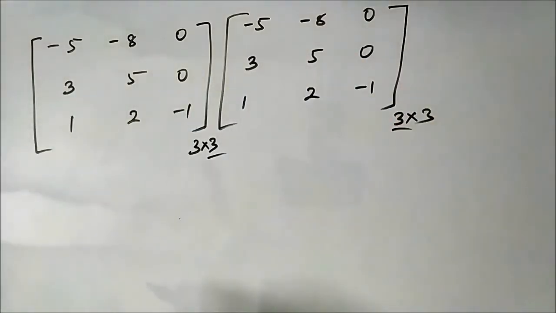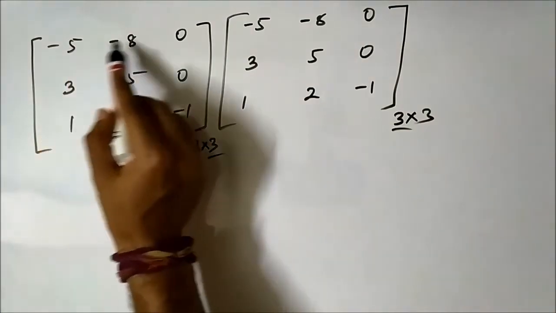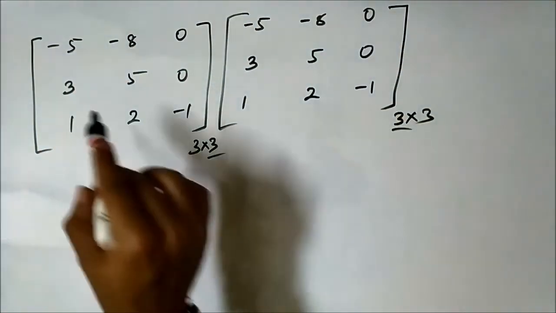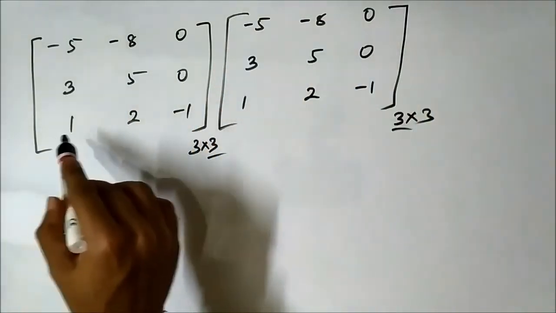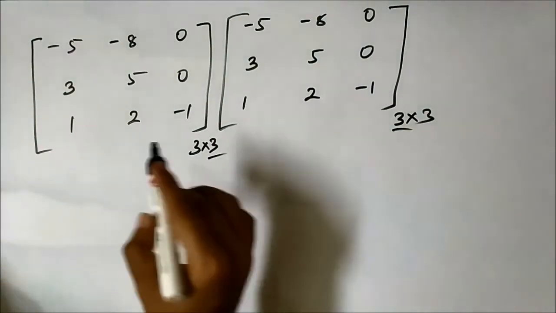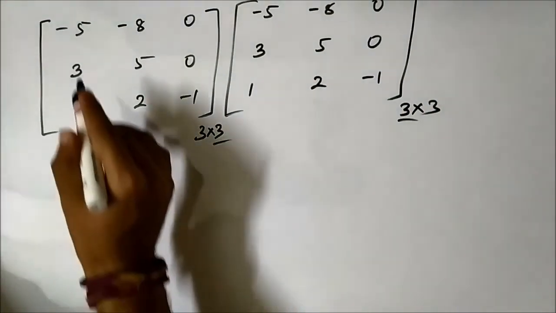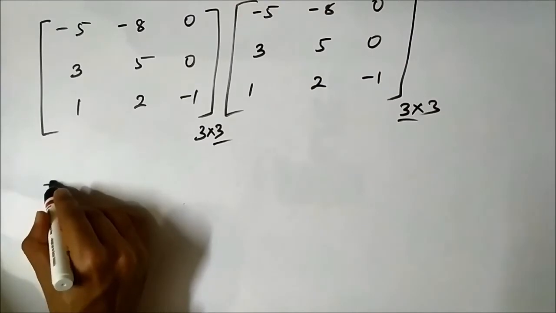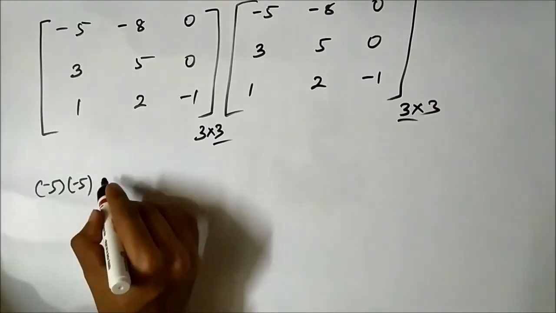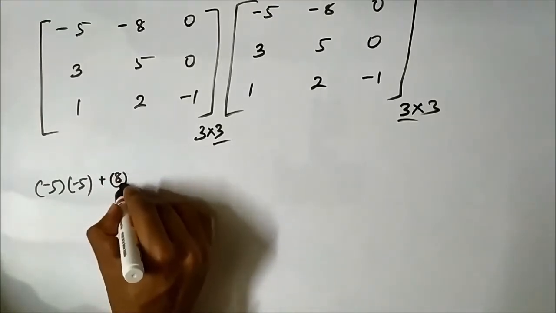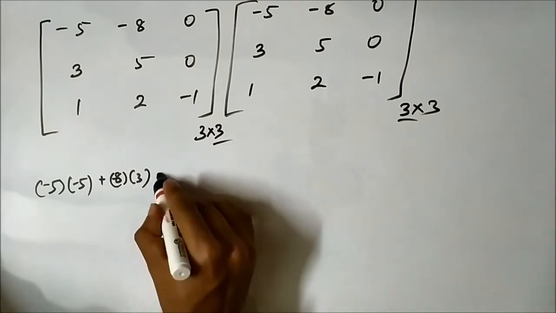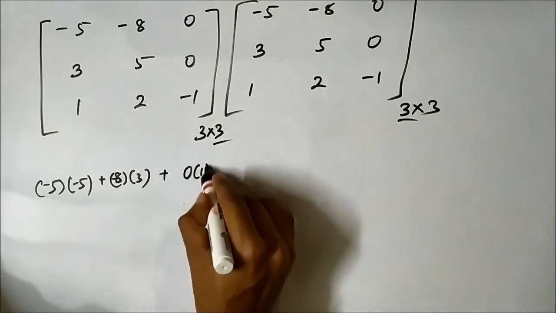So now let us perform matrix multiplication. First row with first column, then first row with second column, then with third column, and so on. Then second row with first, second, third column, and third row with first, second and third column. That way we will proceed. So the result will be minus 5 into minus 5 plus minus 8 into 3 plus 0 into 1.